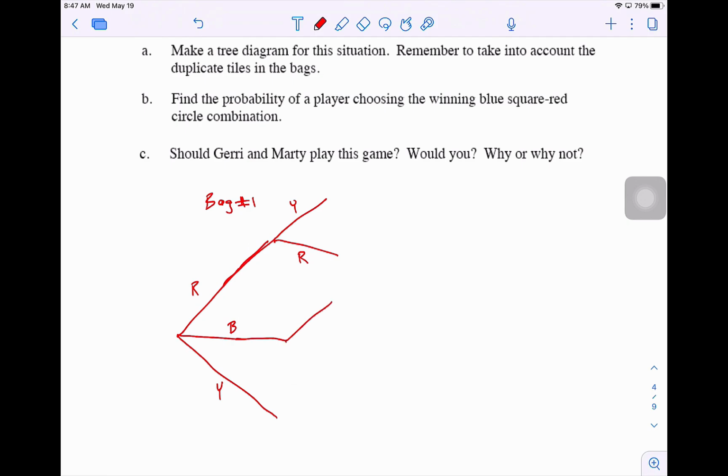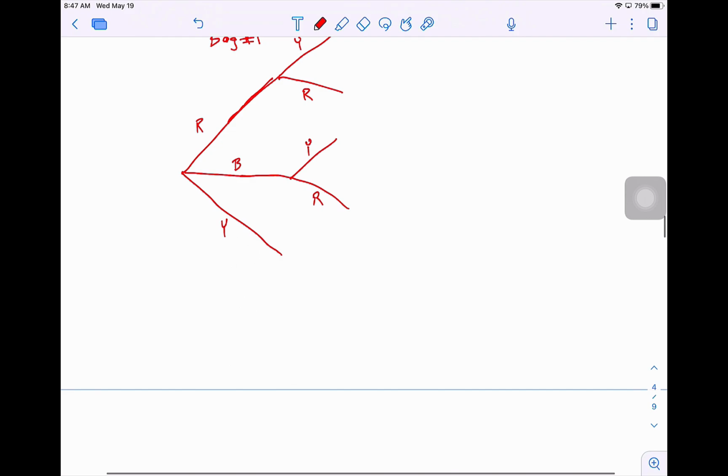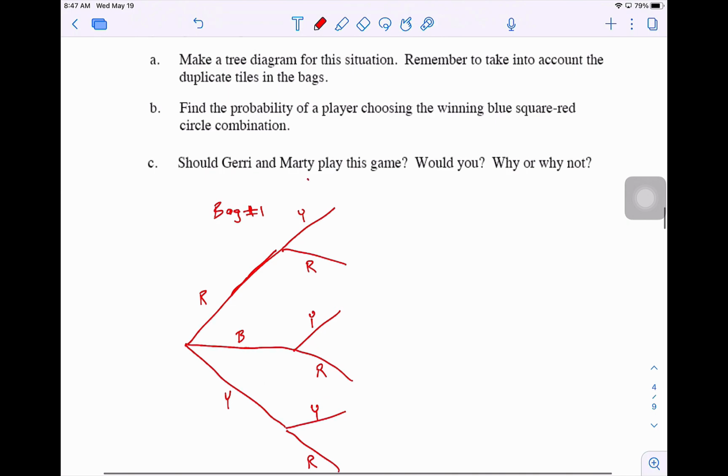From here, yellow or red. And from here, yellow or red. This is representing bag number 2.